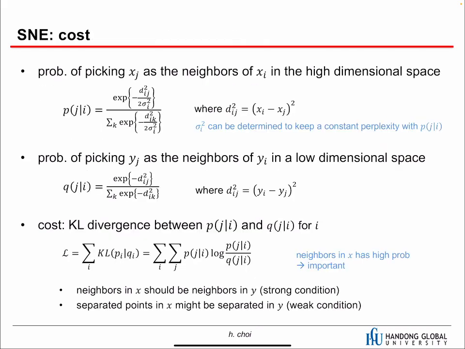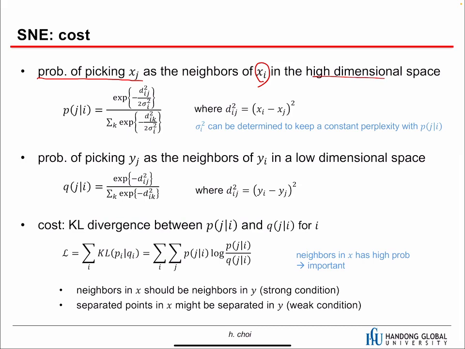Okay, so let's go through these equations. And don't get fooled by these many equations. These equations are just simple equations, okay? So first, we have to define the probability. The probability of picking x sub j as the neighbor of x sub i in the high dimensional space. So how do we define this probability?